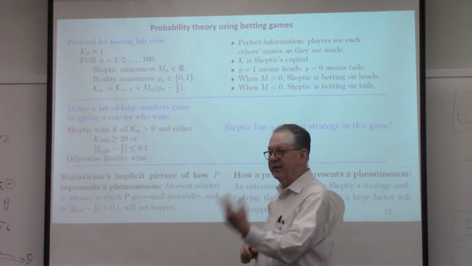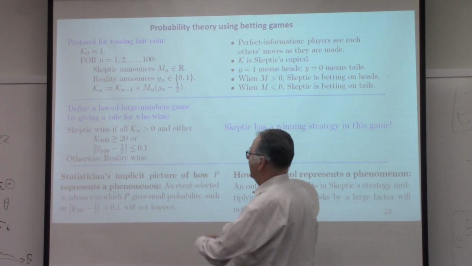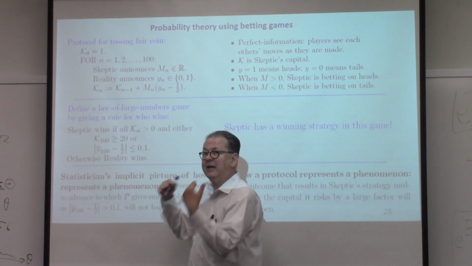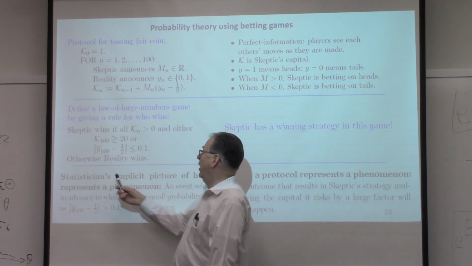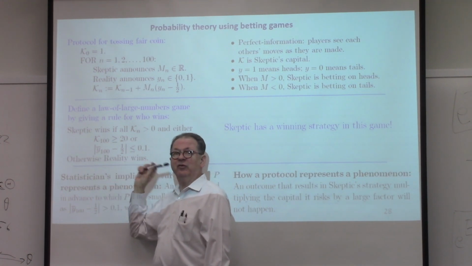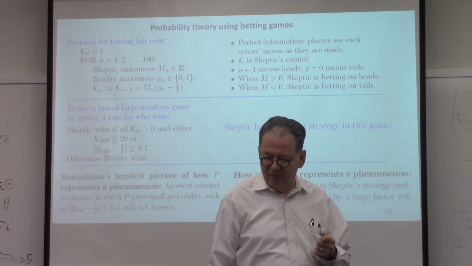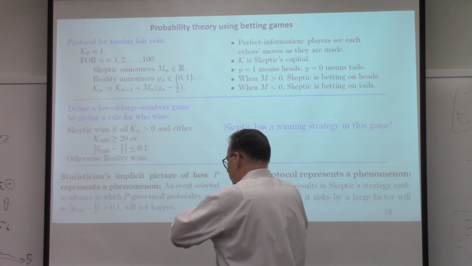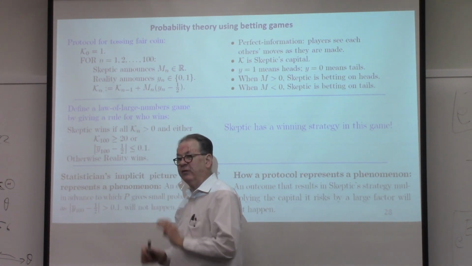If skeptic plays that strategy, it's like buying a payoff. That's making a bet. If skeptic plays this winning strategy, he multiplies his money by 20 if the frequency is not close to 1/2. So frequency is one of the ways this probability distribution P has implications for frequency.